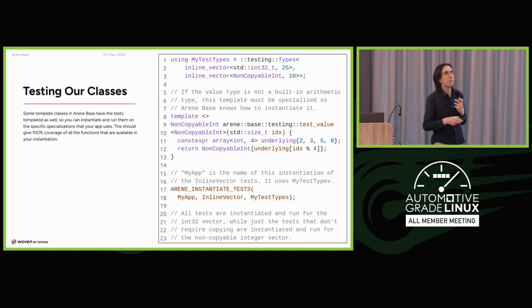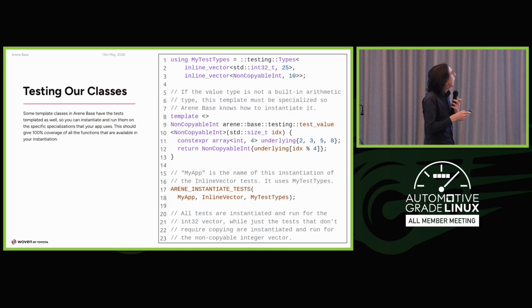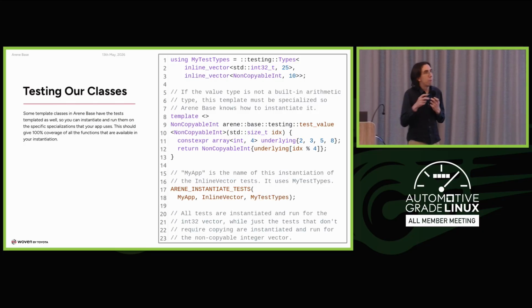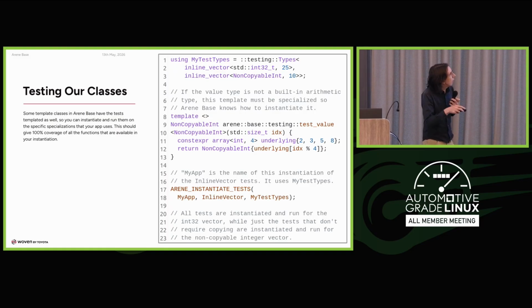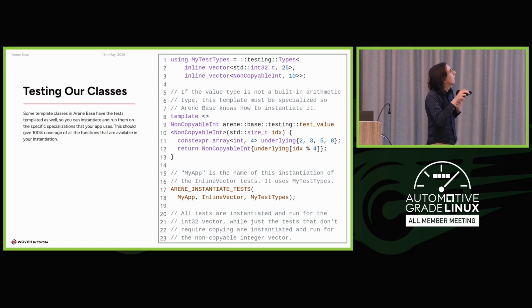So in this case of inline vector, your app maybe uses an inline vector with int32 and capacity 25. And if you provide that to us using this Arene instantiate tests macro, we will run our unit tests with your specific inline vector. So not the inline vector template, but the specific class that you are using.